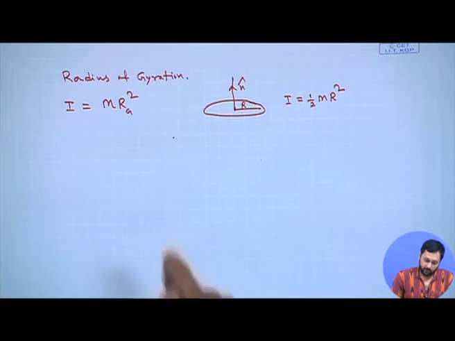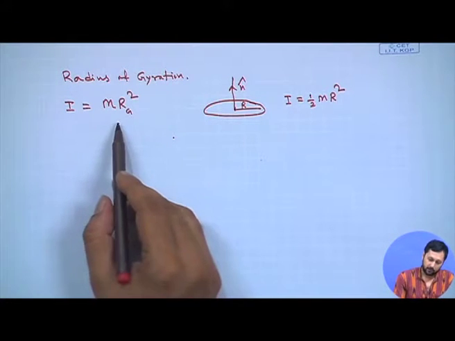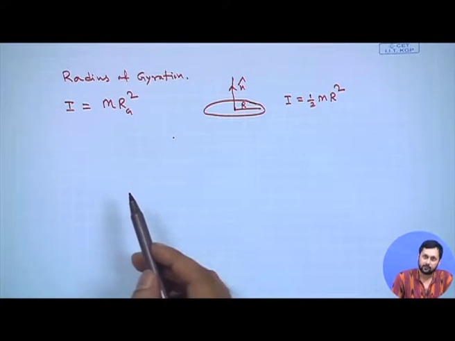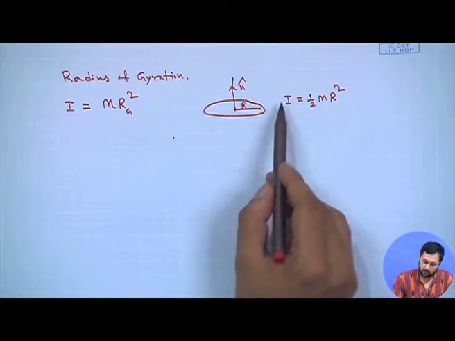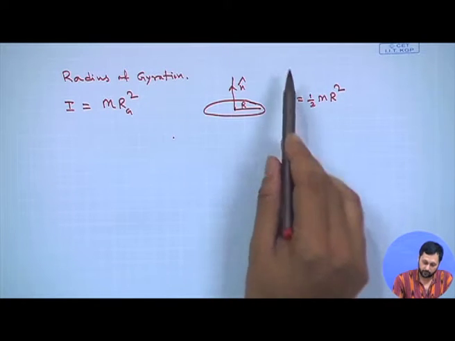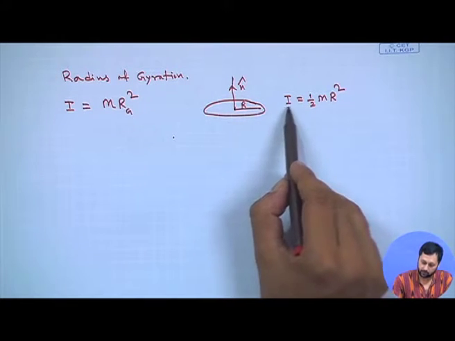Now radius of gyration is a hypothetical radius which we can calculate for any object for any given axis if we know that I.